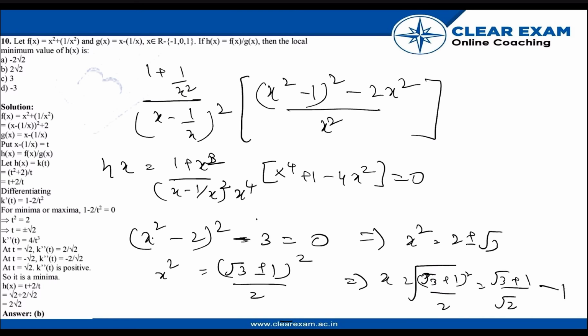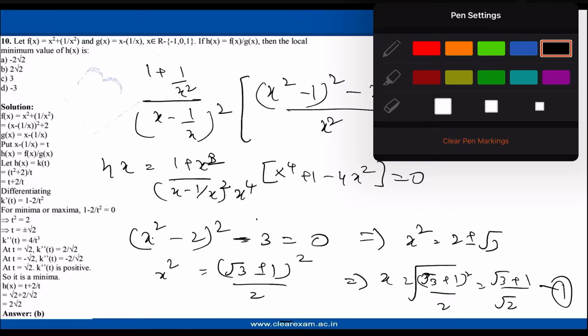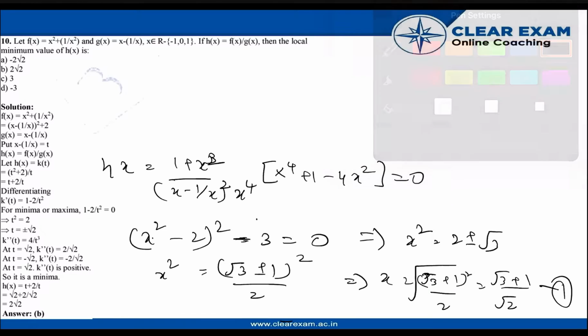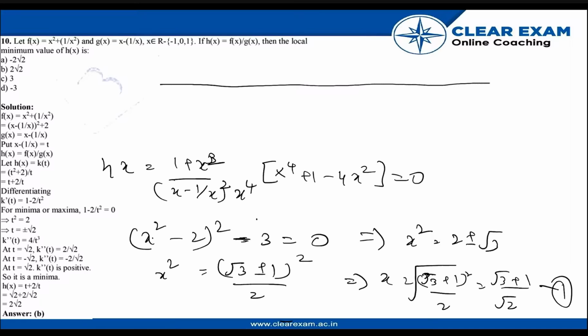So keeping this in mind, let's try to visualize this on a number line. We have a number line with 0 here, this is negative 1 and positive 1.